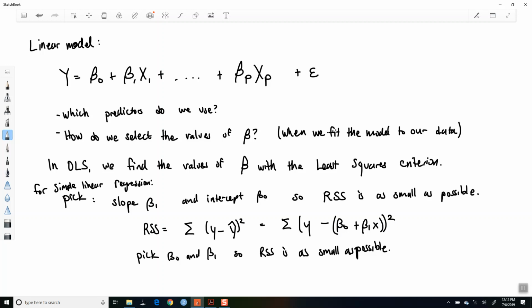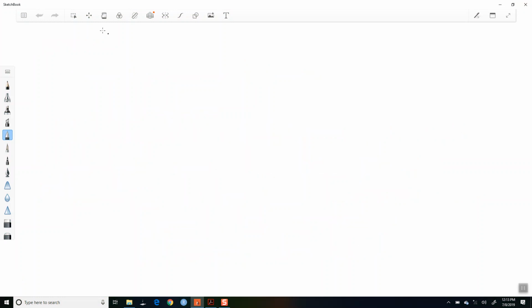It's unbiased, right? There's a condition there: if the predictors are uncorrelated, OLS will provide the BLUE.